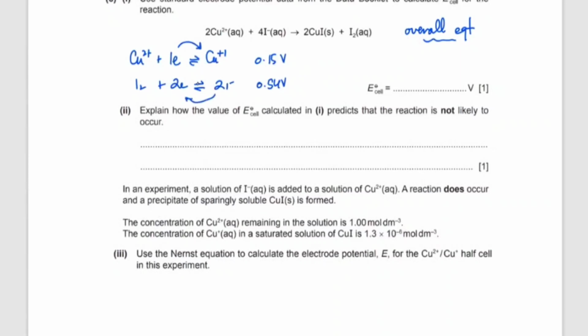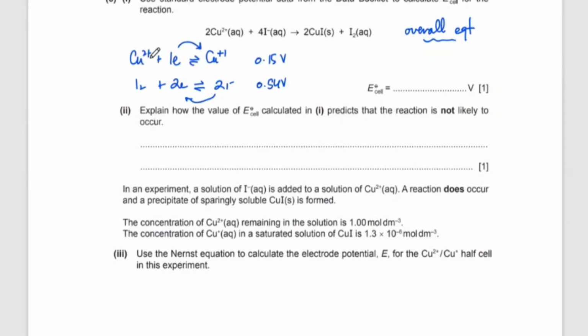So do you think it's a feasible reaction or not? It's not, because it's less than 0. The one that's going to gain electrons is supposed to have a higher potential, which is not true here. This potential is actually lower than the other, so this reaction will not happen.